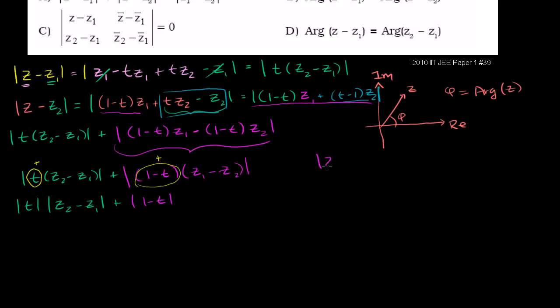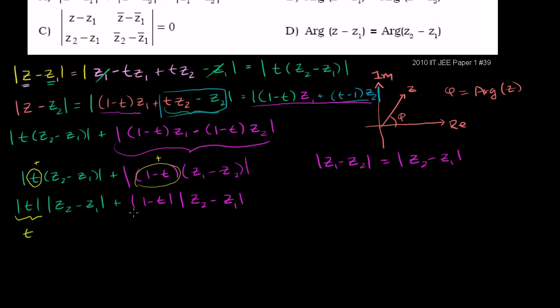Now, let me be clear. The absolute value of z1 minus z2 is equal to the absolute value of z2 minus z1. These complex numbers are just pointing in different directions, one is the negative of the other, but their magnitudes are the same. So let me write the absolute value of z2 minus z1 there, so I get the same thing here and can factor it out. Now, the absolute value of t, remember, t is positive, so this is just t.